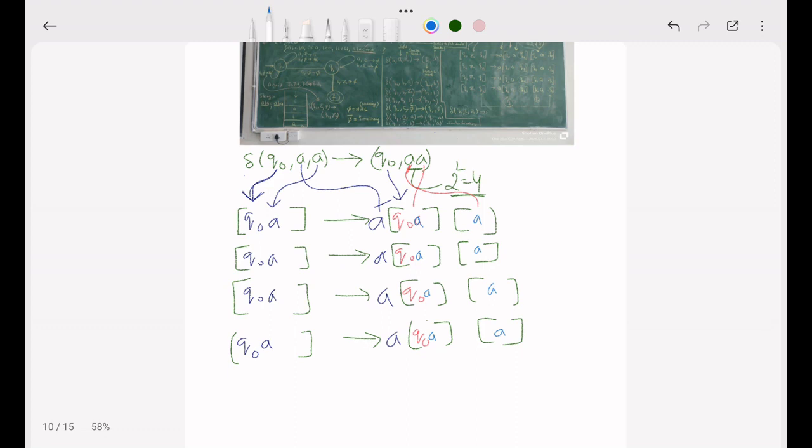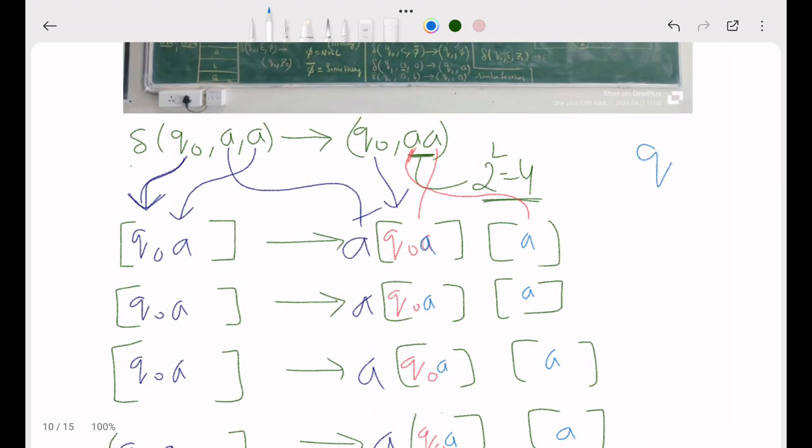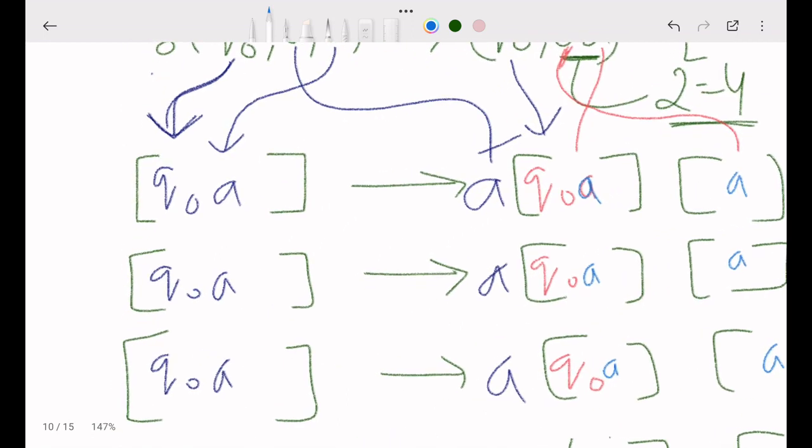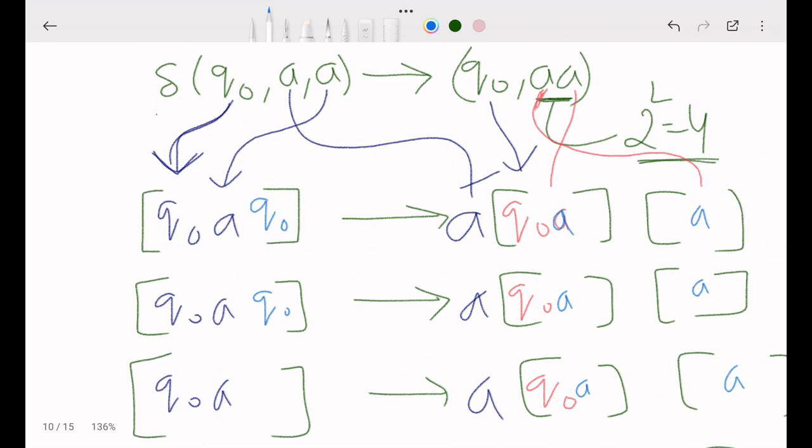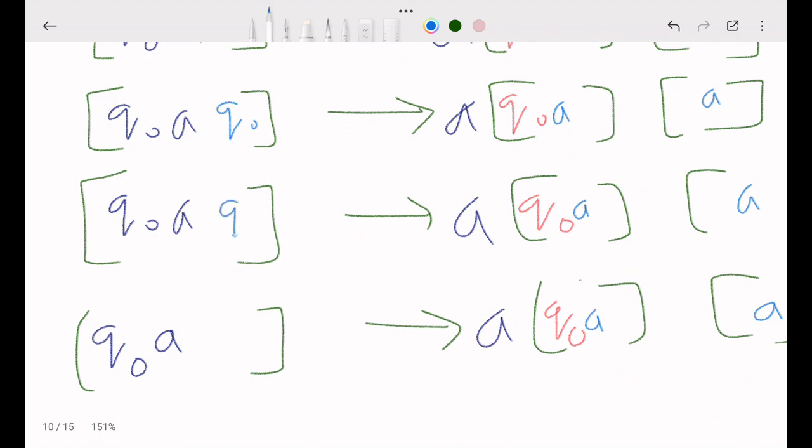Now next, the total states in my language. Suppose there are Q0 and Q1. How many states are here? You can see, so this is actually a cross production. So I will write my Q0 2 times, and I will write my Q1 2 times. Done.